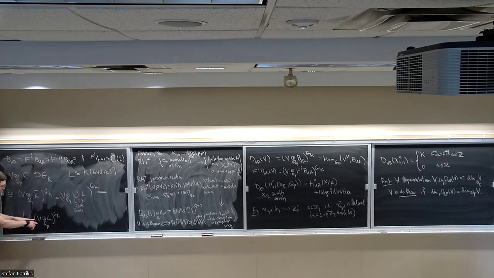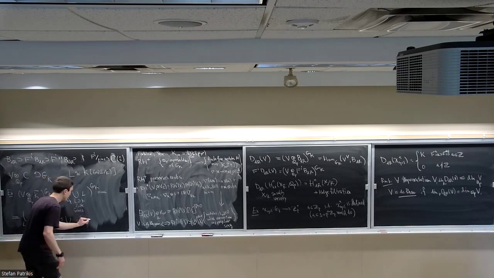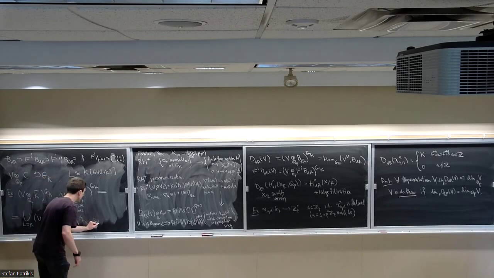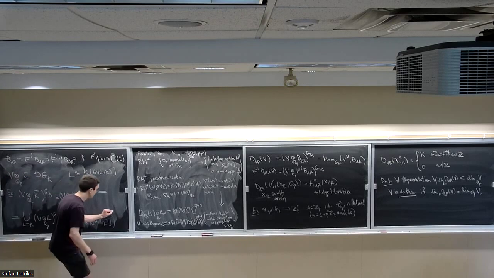So computing invariants is the same as first taking invariants for the absolute Galois group of L, which now acts only on V, and then taking the residual action of the finite Galois group on the regular representation.